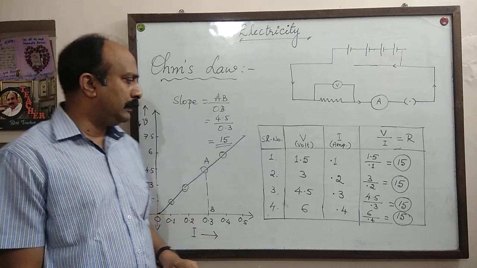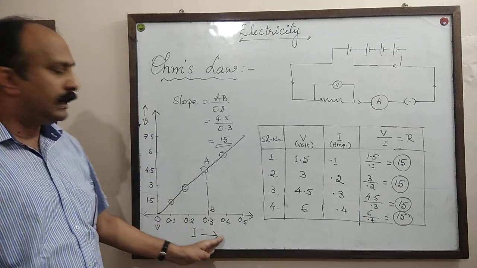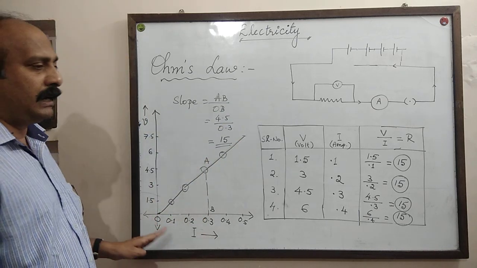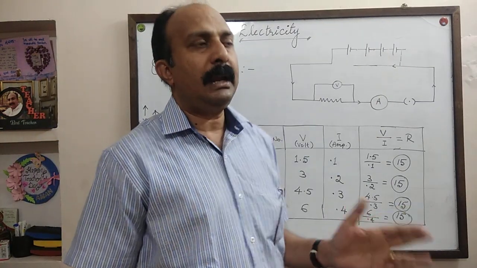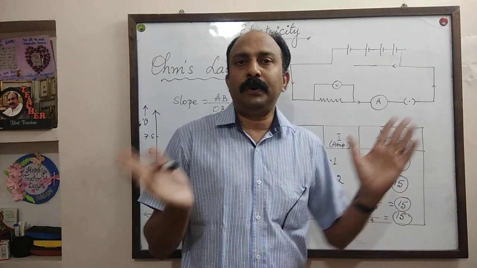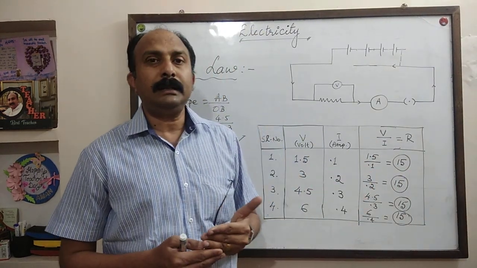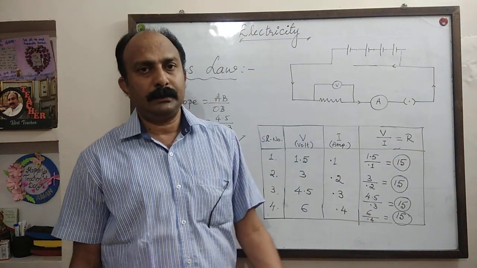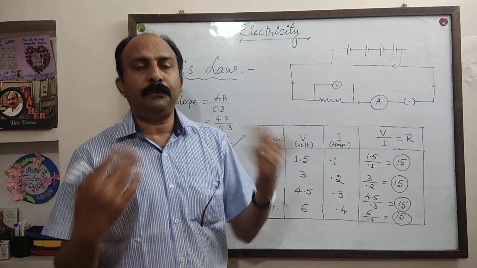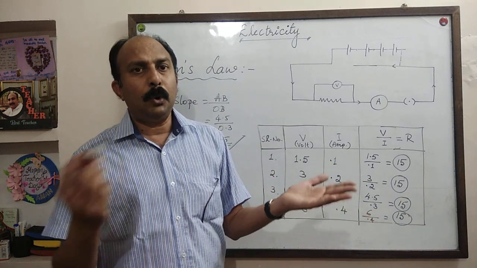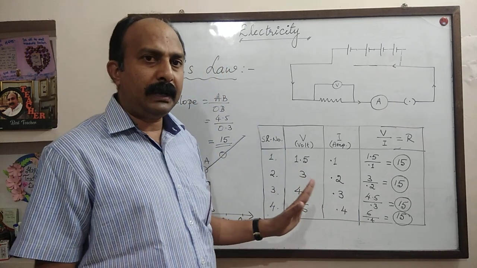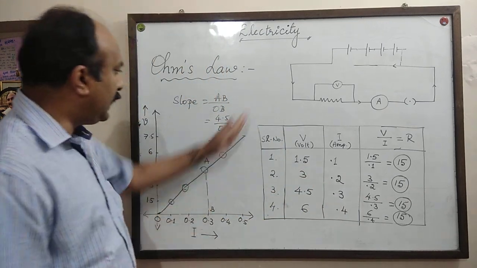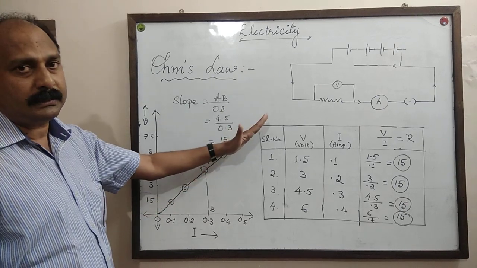So two points to be remembered. The VI graph will be a straight line. In other words, if the VI graph is a straight line for a conductor, that conductor is called an ohmic conductor, meaning the conductor that follows Ohm's law. Ohmic conductor, O-H-M-I-C. So for all ohmic conductors, the VI graph will be a straight line like this.